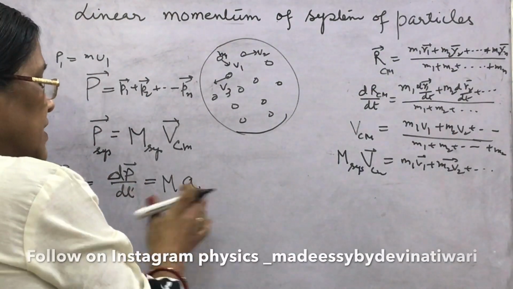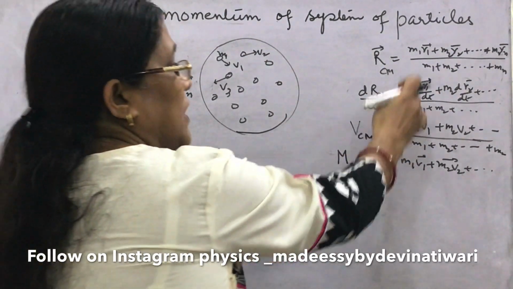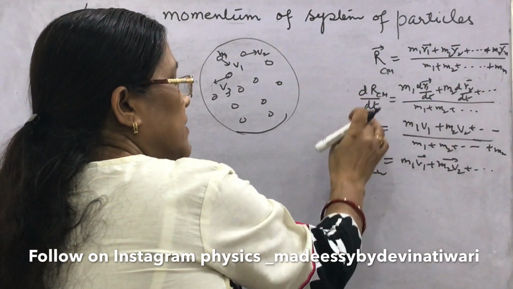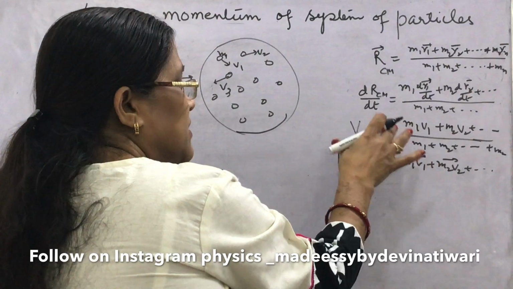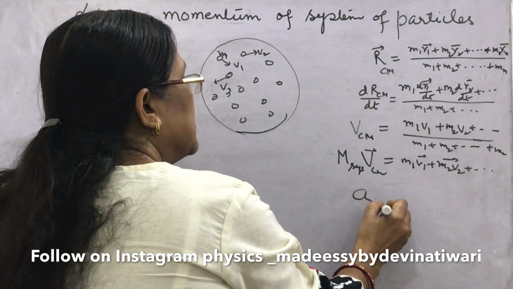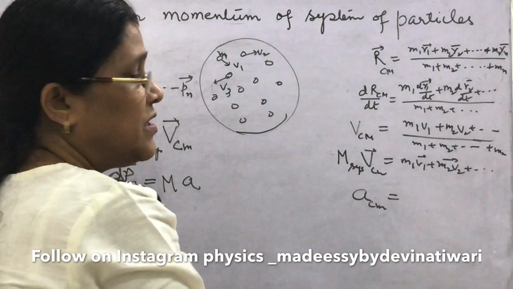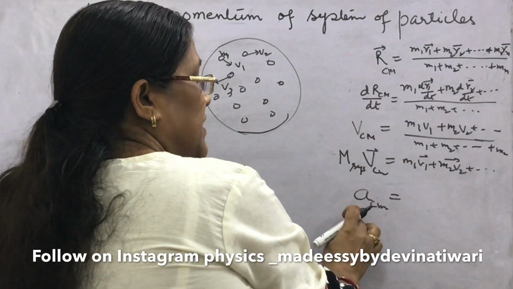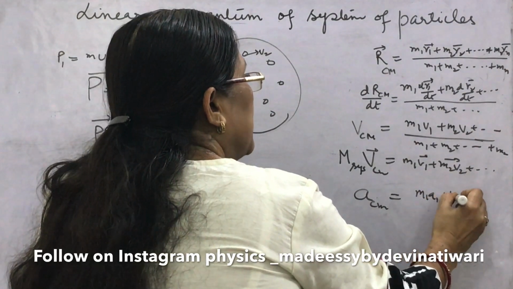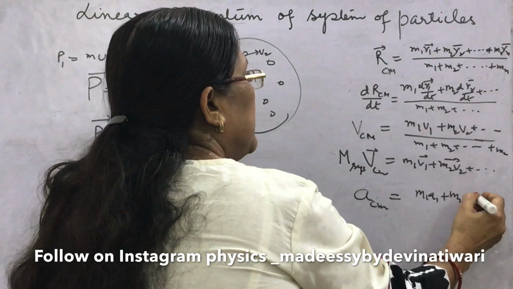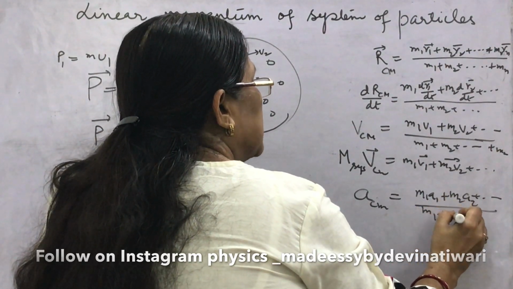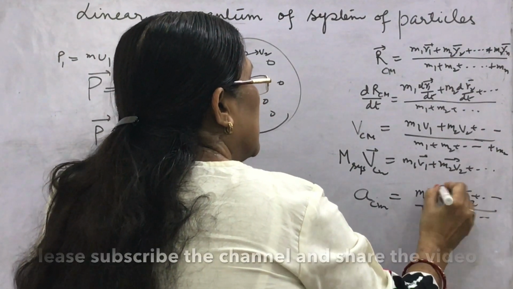We have read in these expressions previously that if we talk about the acceleration of center of mass, then how was the acceleration of center of mass explained? You know, dv by dt. And what was here? This m1 a1 plus m2 a2, this a is dv by dt, and upon this was m1 plus m2 plus so on.